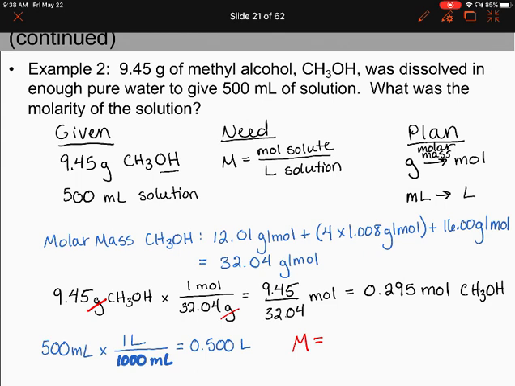We're going to plug in moles, and on the denominator, we'll plug in our liters. So we have 0.295 divided by 0.5. So that should give us a concentration or molarity of 0.590 capital M for moles per liter.